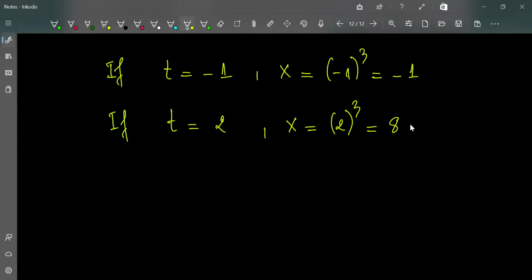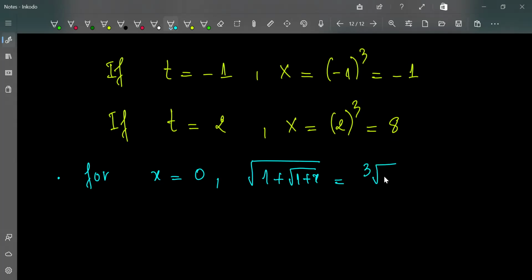But if we want to know the real root of this equation, we need to verify the value of x that satisfies the equation. Okay, for the first root, we verify x equal to 0. So the original equation is the square root of 1 plus the square root of 1 plus x equal to the cube root of x.